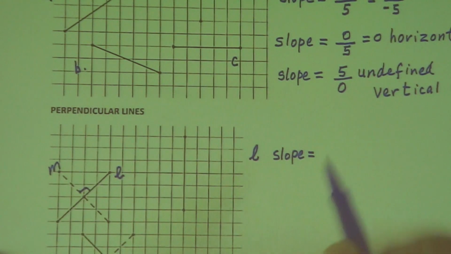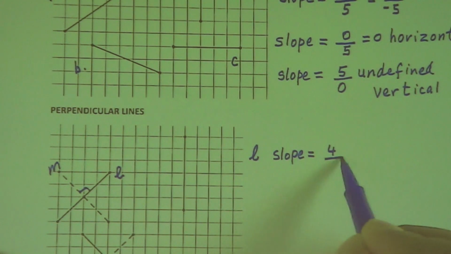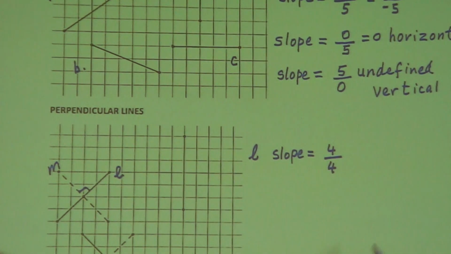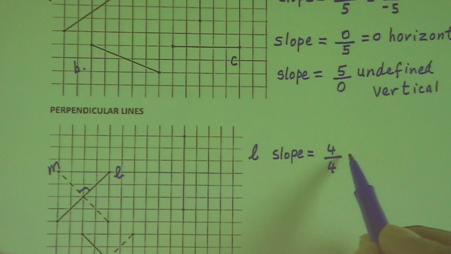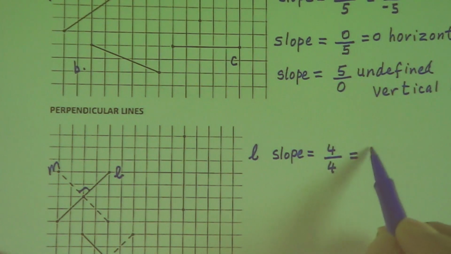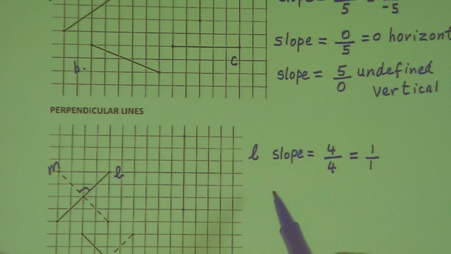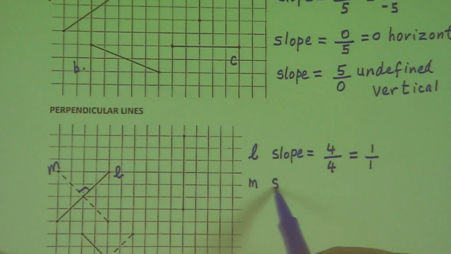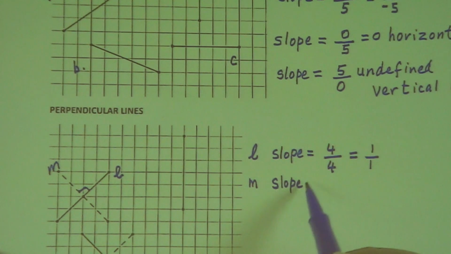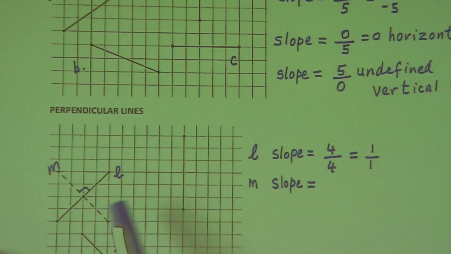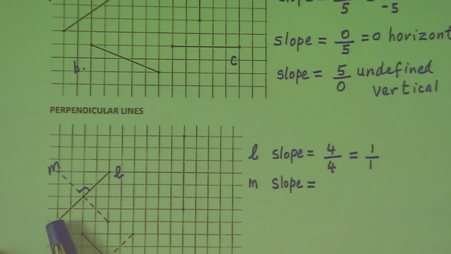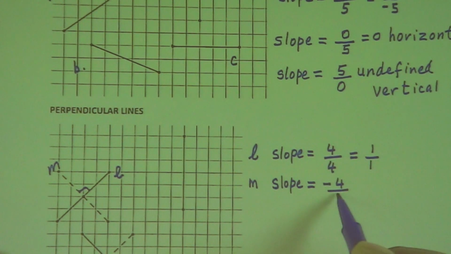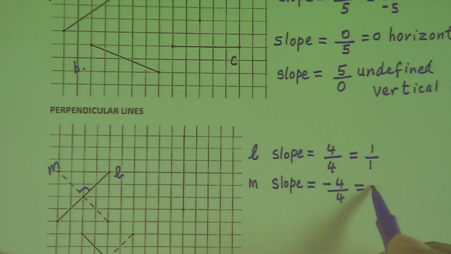So the rise is 4, and the run is 1, 2, 3, 4, which is 1, if you want to write it as 1. And the slope of M, I will go down 4 and run 4 to the right. So negative 4 over 4, which is negative 1.